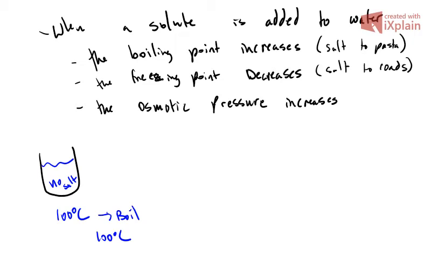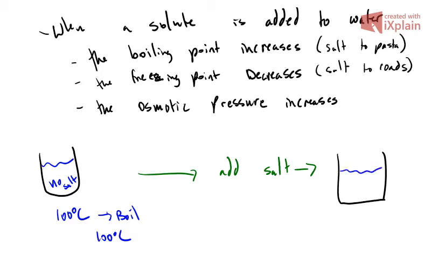Then we add salt, and we have a container that maybe can get up to 110 degrees Celsius instead of just 100 degrees Celsius. And so that pasta will cook faster and all that jazz, and then it'll end up being flavored at the end.